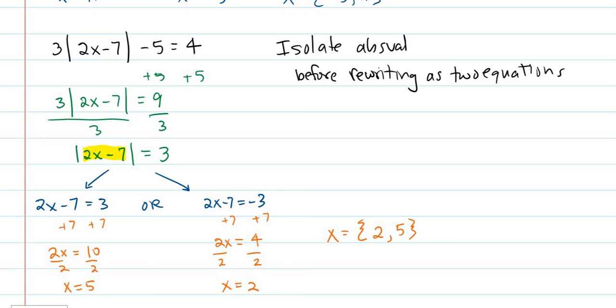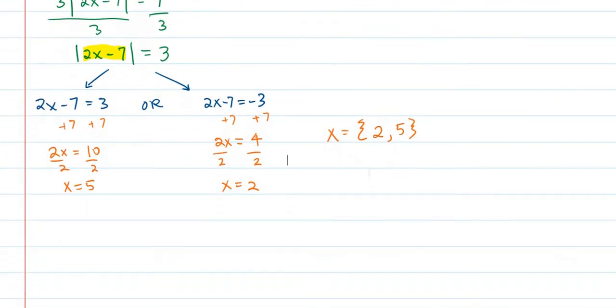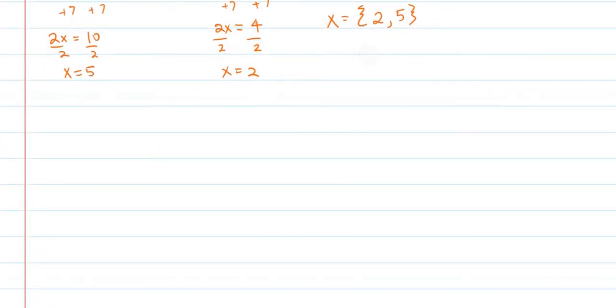Finally, it is possible that an absolute value doesn't have a solution. Because we know that absolute value measures distance, there's no such thing as a negative distance away from 0. Therefore, if we ever come across an absolute value equal to a negative number, we can immediately conclude that there are no solutions.